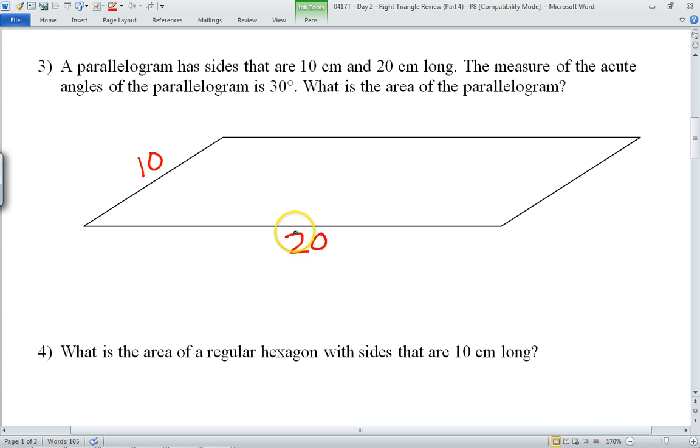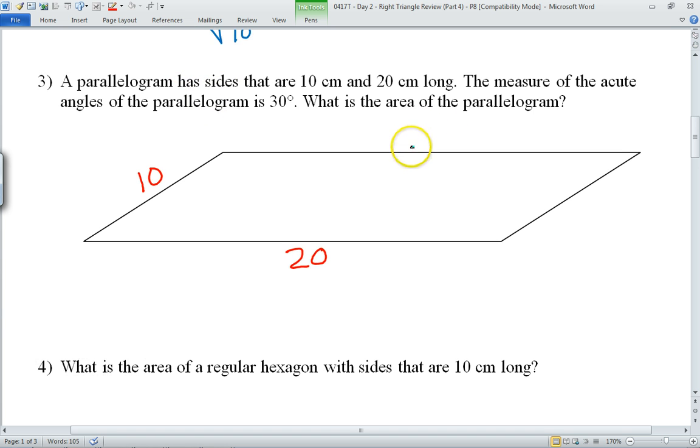Now we're supposed to find the area of this parallelogram. Well, to do that, it really helps to know the formula for the area of a parallelogram. The area of a parallelogram is just base times height. Now, does that mean it's just going to be 20 times 10?